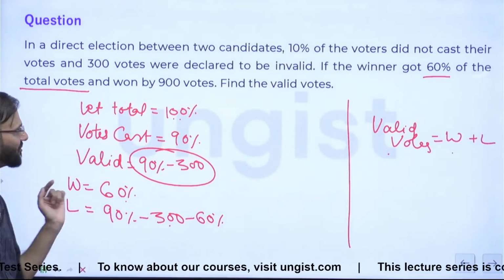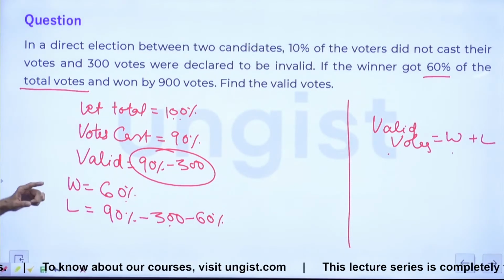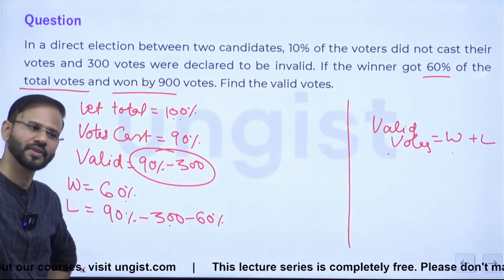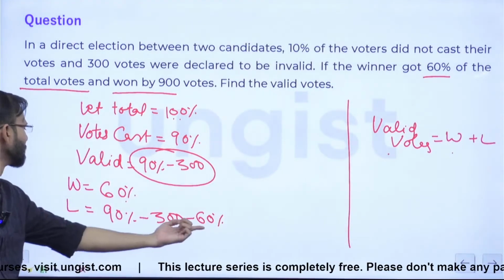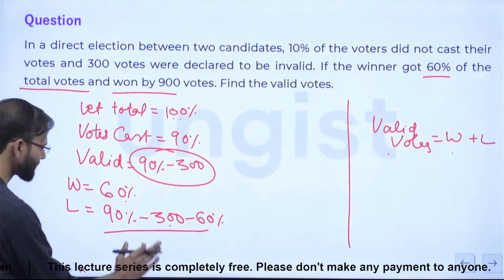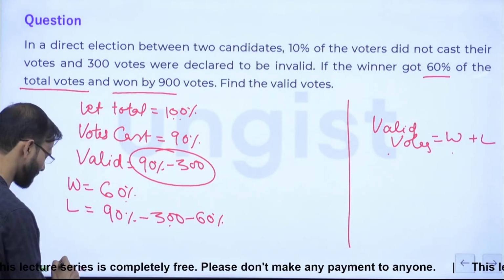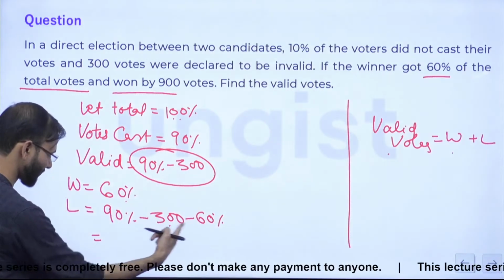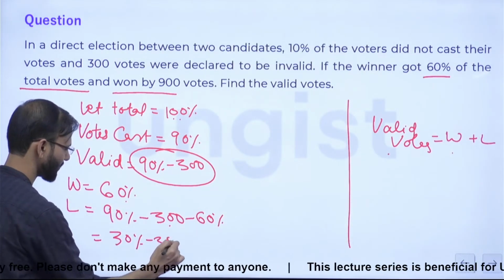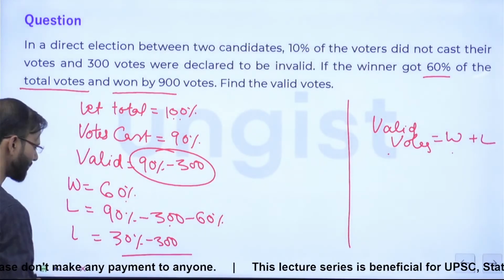After that, you just tell me friends, question is saying the difference between winner and loser is what? 900. So this is the loser's vote and this is the winner's vote. पहले तो मुझे ये बताइए इसको क्या हम यहीं पे सॉल्व कर सकते हैं? We can make it shorter. So 30% minus 300. These are the votes of the loser candidate.